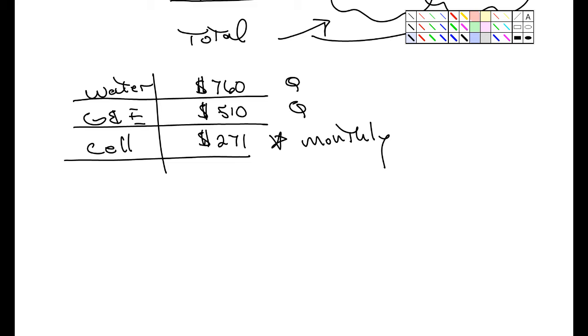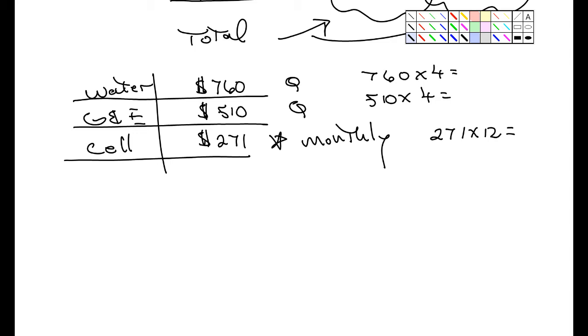And so you know that the cell phone, you would just multiply that one. It'd be 271 times 12, and you would get the cost for the year. For the gas and electric, it would be 510 times 4, and you would get the cost for the year. For the water bill, it'd be 760 times 4, and you would get the cost for the year.